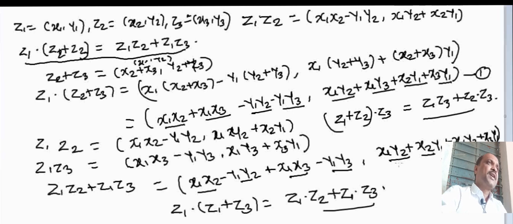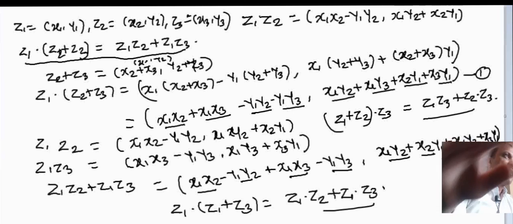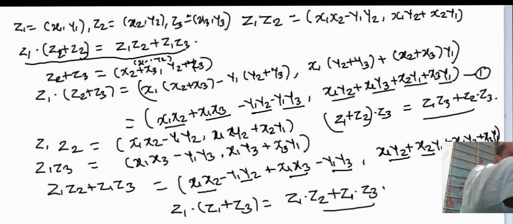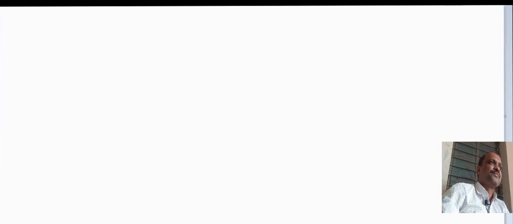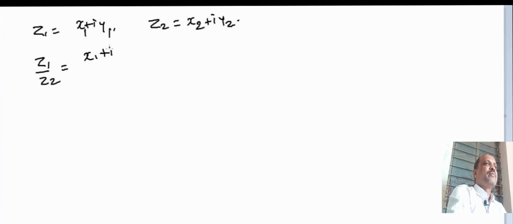Now let us find z1 divided by z2. Suppose my number z1 equals x1 plus i y1 and z2 equals x2 plus i y2. z1 divided by z2 equals (x1 plus i y1) divided by (x2 plus i y2).